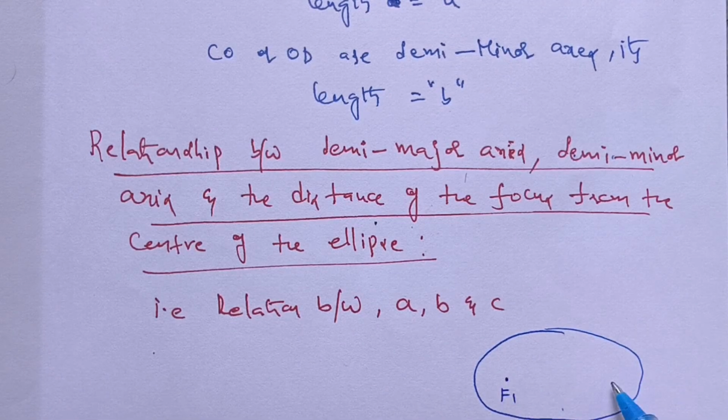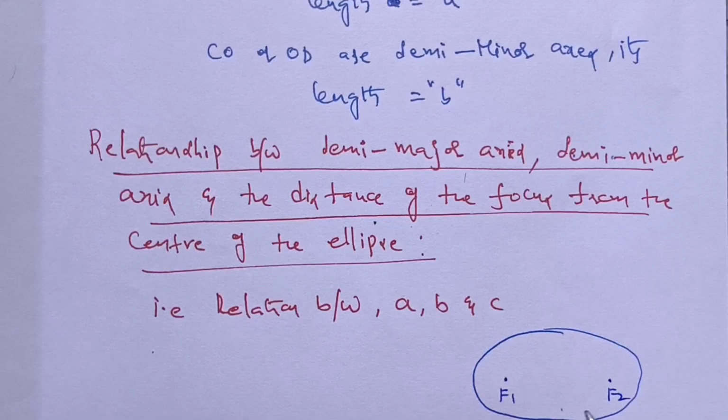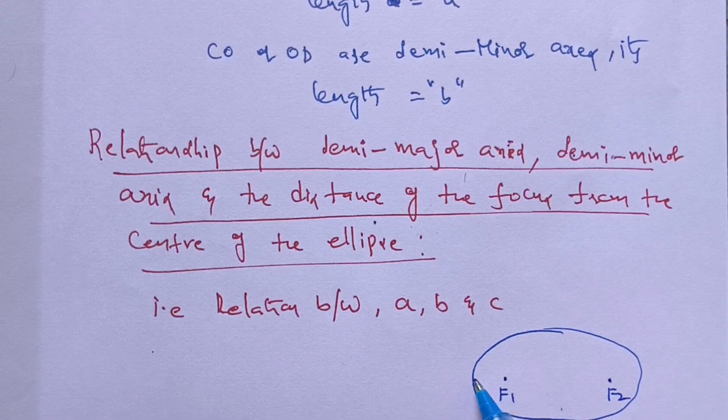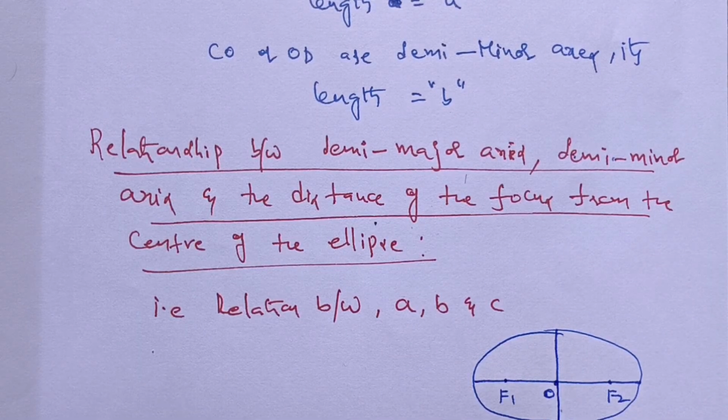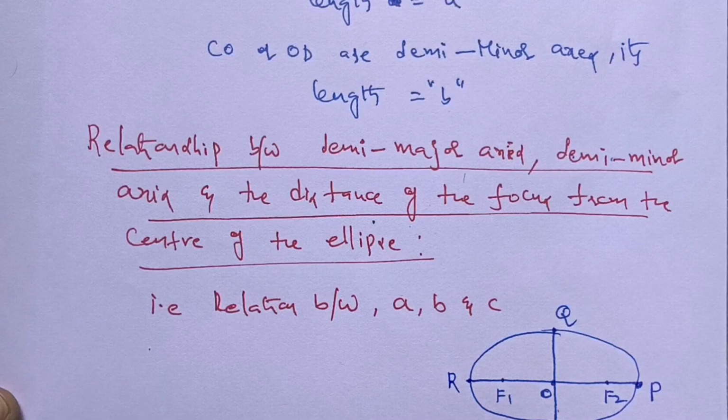So let us use this diagram of the ellipse here. F1 and F2 are the foci. The line segment passing through F1 and F2 is the major axis, we know. This is the midpoint O on the major axis. The line segment passing through O is called the minor axis. Let us choose P and Q as points on the ellipse. We have the distance from R to O is a units, and the distance from F1 to O is c units.